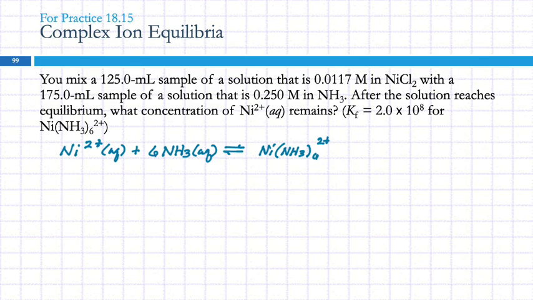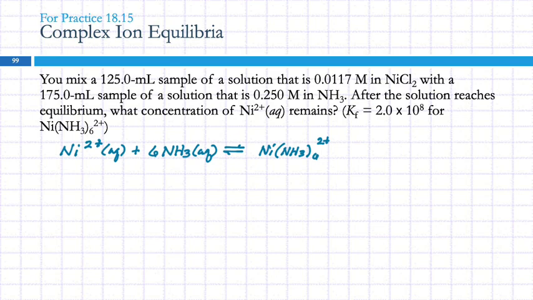The first thing that's going to happen, because this is a very large number, right? That means the products are highly favored. So we're going to do like we did in the titration calculations, where we're adding sodium hydroxide. We're going to have that react with everything all the way, and then we'll look at an equilibrium shifting back.